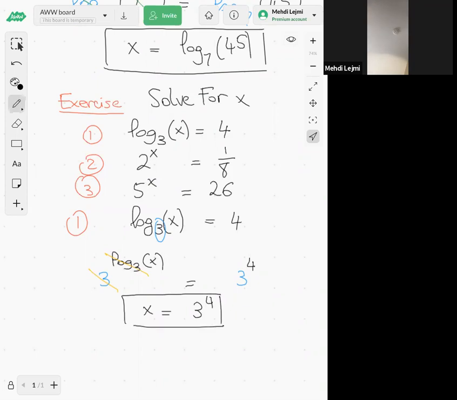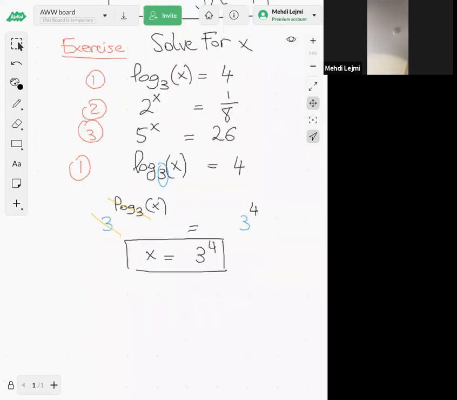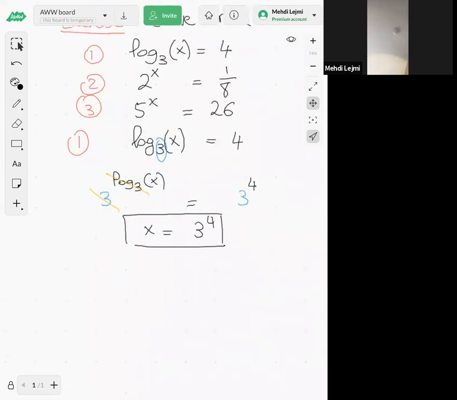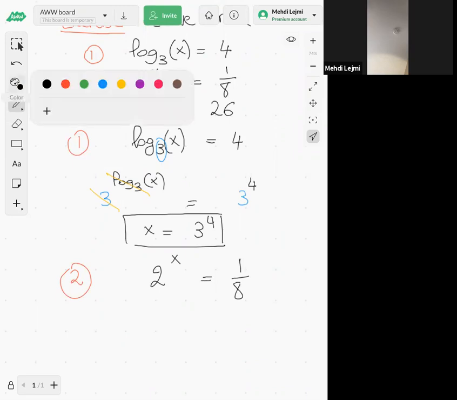Now for number 2, let me know, guys, if you have any question, right? Yes, Crystal. So for number 2, you have this 2 to the power x that's 1/8, right? So this is exponential in base 2.